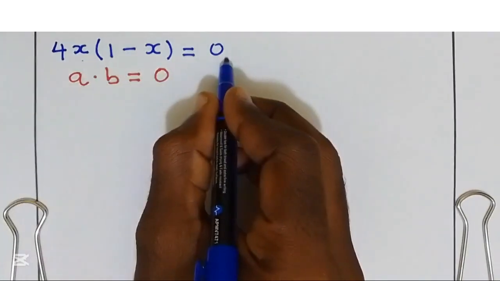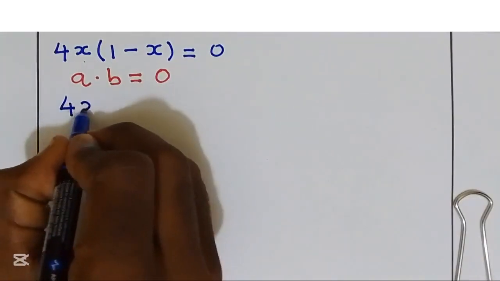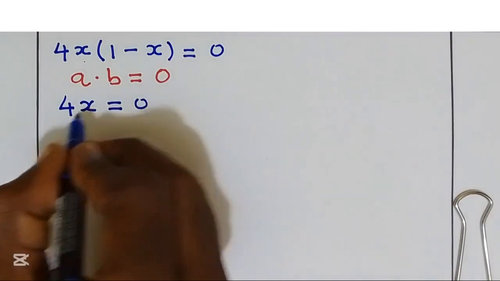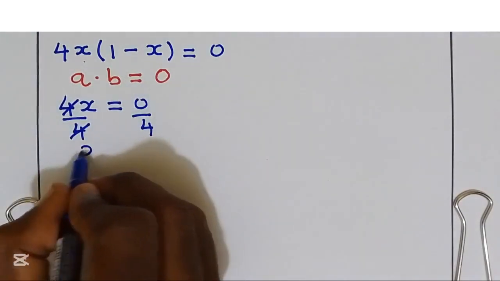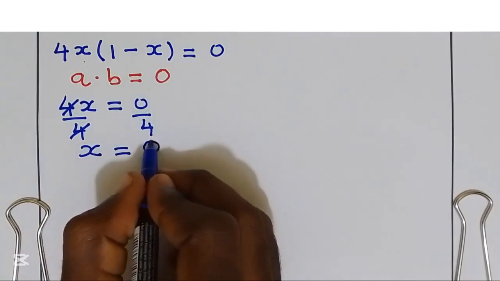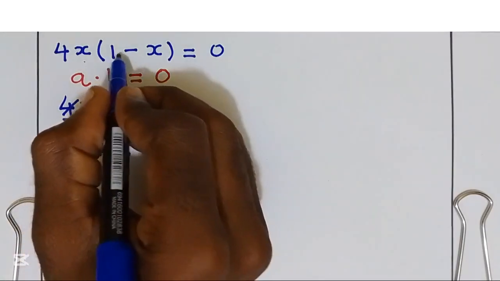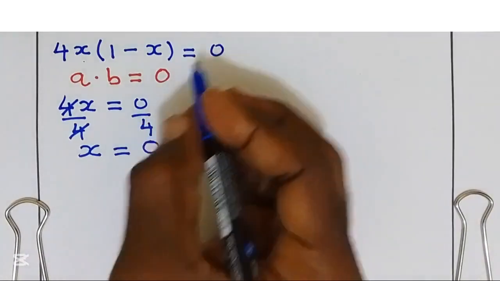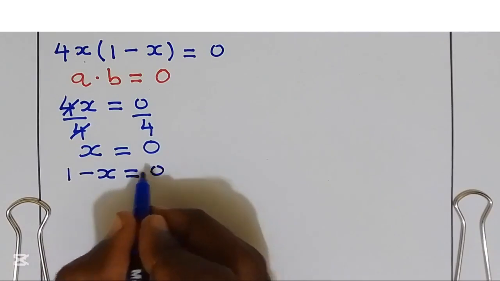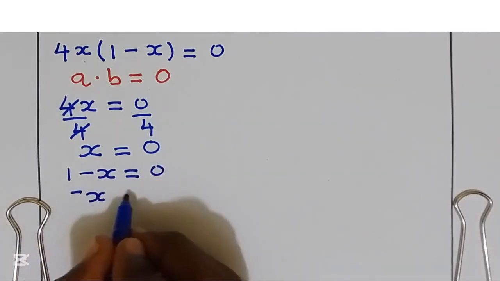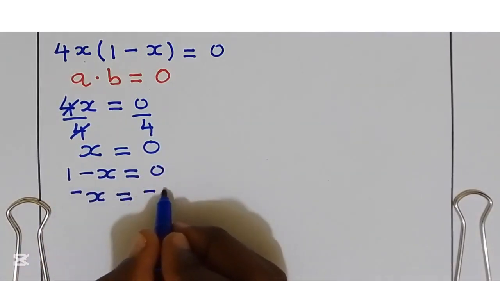4x is equal to 0. Divide by 4, divide by 4. We're going to get x is equal to 0. Also, 1 minus x equal to 0. Minus x is equal to minus 1.